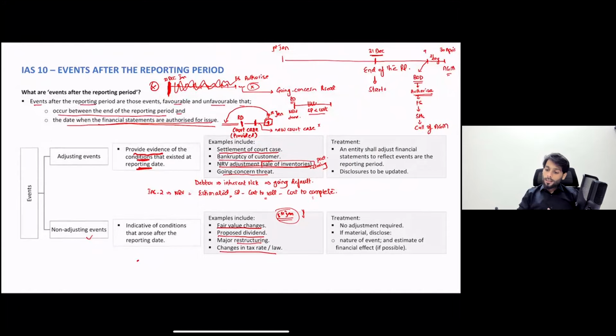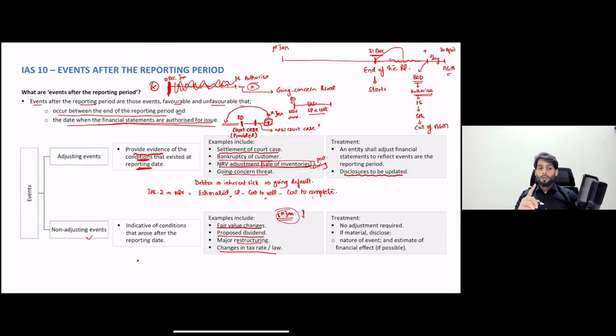This transaction happened beyond the reporting date. However, since it is an adjusting event, it would be adjusted in the current financial statements that are being prepared to be sent to the shareholders, and disclosures need to be updated accordingly. So this is the accounting treatment of an adjusting event. Update your financial statements, update your disclosures.